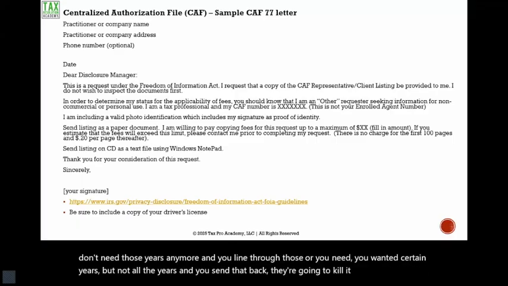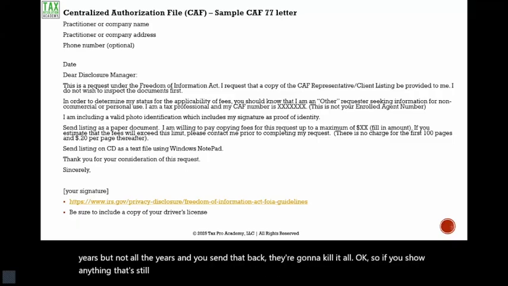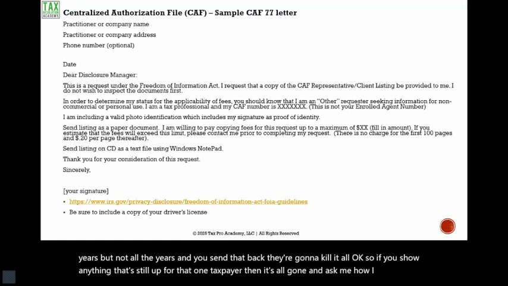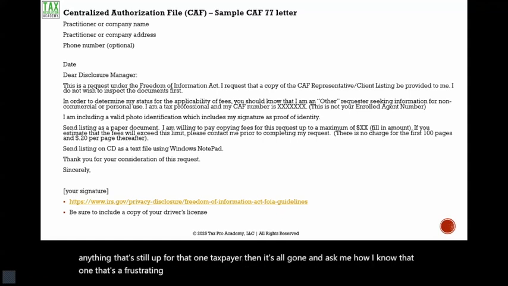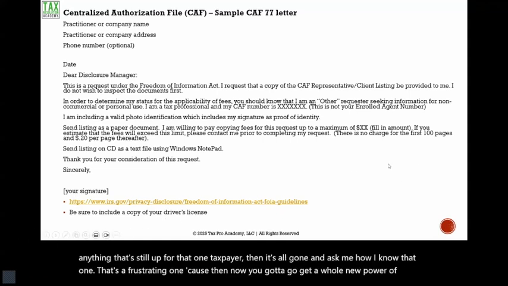If you show anything that's still up for that one taxpayer, then it's all gone. And ask me how I know that one. That's a frustrating one because then you have to go get a whole new power of attorney and put that in place to get access to everything.